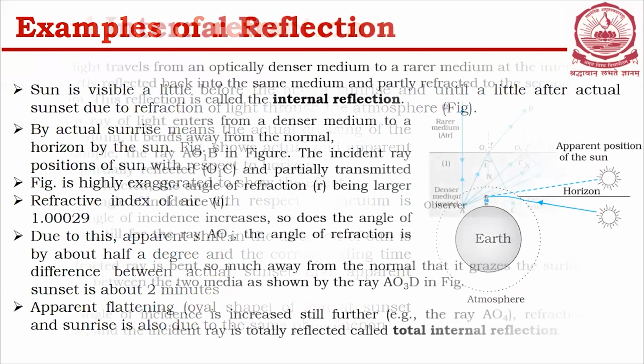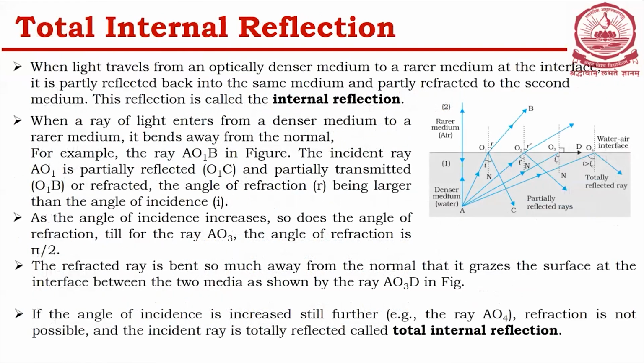And then next is total internal reflection. In the case of total internal reflection, you know that the light ray goes from denser to rarer. When you change the incident angle slowly, refraction takes place.